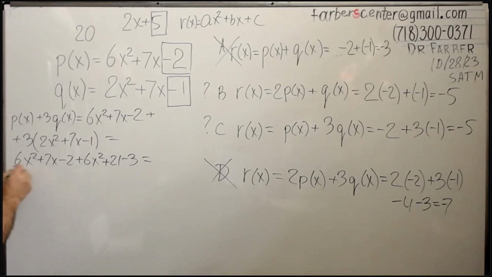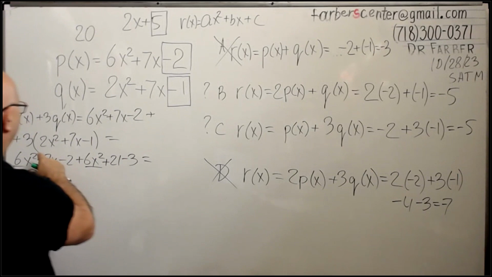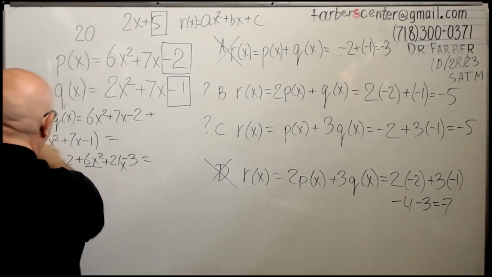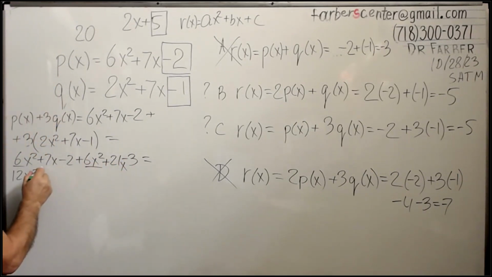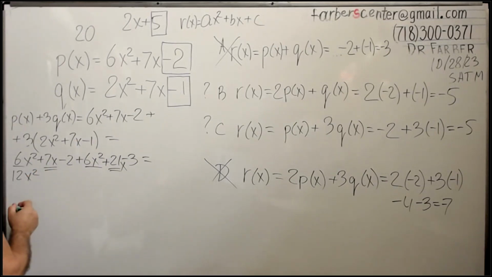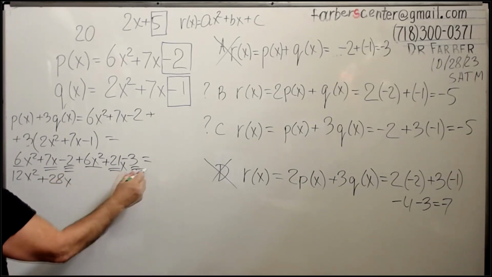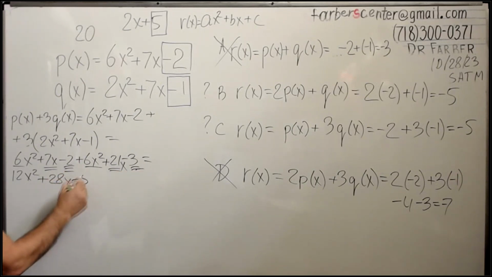Now combine like terms. 12x squared plus, this is 21, just a second. If I multiply 3 times 7x, 7x plus 21x is 28x. And minus 2 minus 3 is -5.